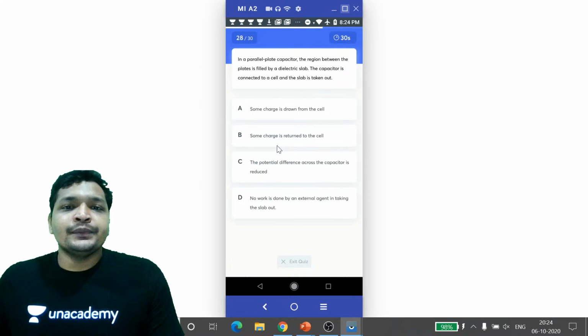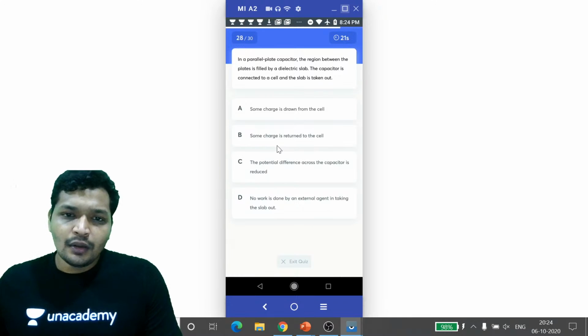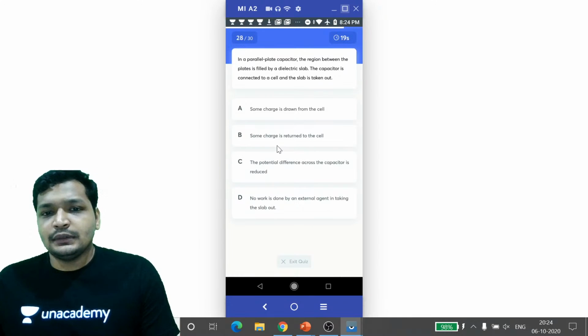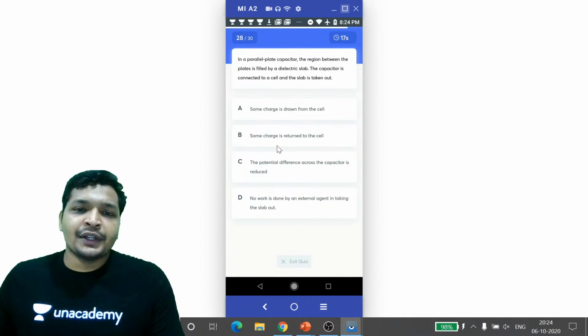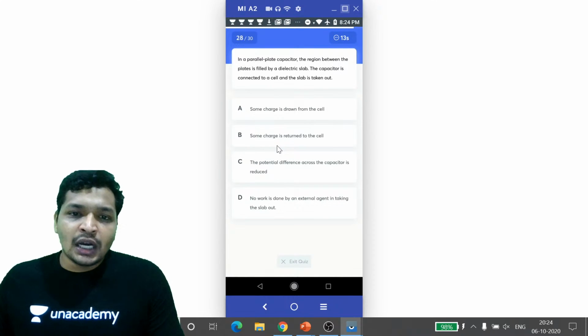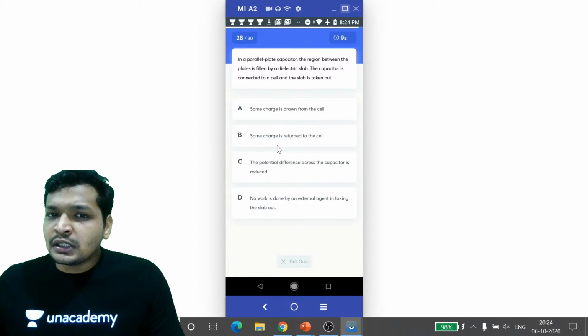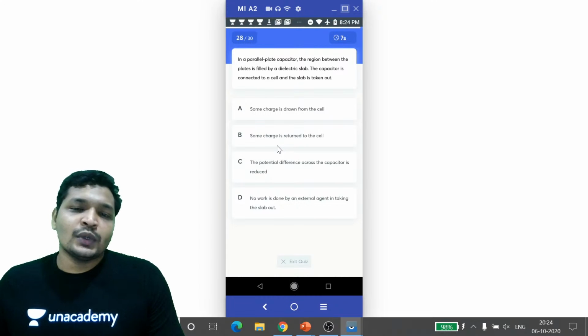Is work done? What happened to the potential? And what happens to the charge? Potential difference does not reduce because it is connected to a cell.